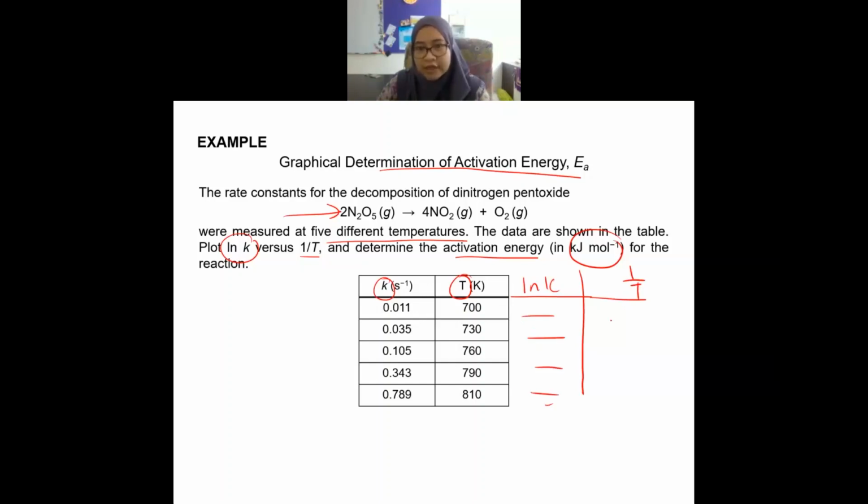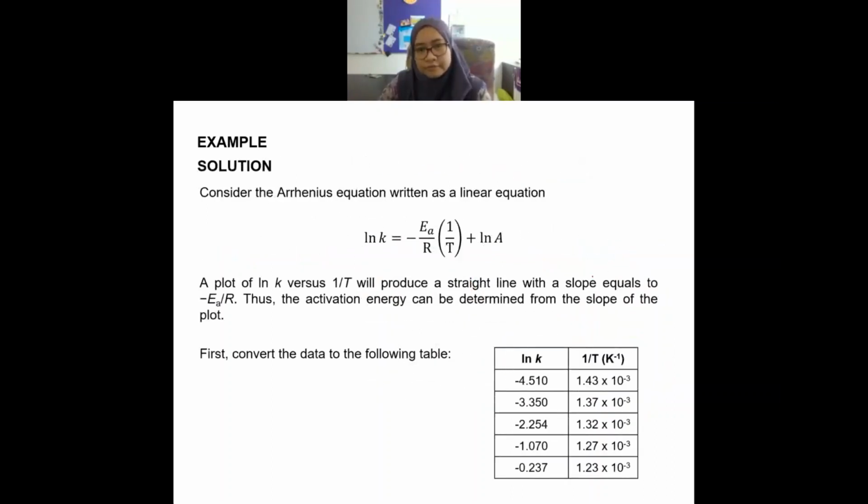You ln kan all the K's and then you 1 over the temperature. Okay, so for your graph, you will be needing these 2 columns to plot your graph. Okay, so yeah, this is the one that I've mentioned to you just now. You can prepare these 2 columns.